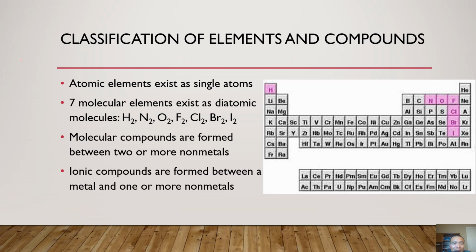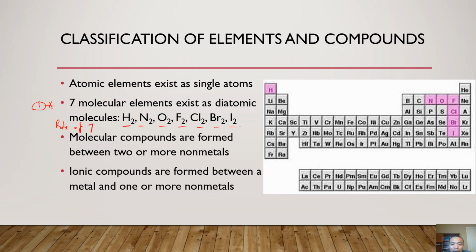So let's start with the so-called diatomic elements. Okay. So here, this tells you diatomic elements. Number one, I'm going to label it as number one. And this is a so-called rule of 7 because there are 7: 1, 2, 3, 4, 5, 6, 7 common diatomic elements over there.